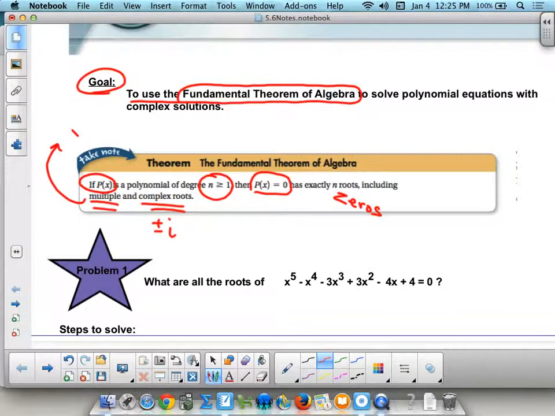Multiple solutions are when you have a repeated factor. What's your zero out of this? x equals 4, but x equals 4 counts how many times? The multiplicity is 2, so that's the multiple answers. So this would count not once, but twice.